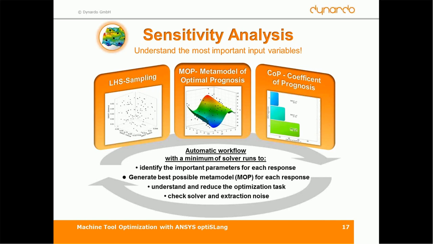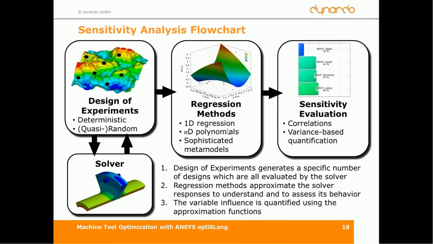So what is the overall workflow of that? We do some kind of a design of experiment, some sampling, I will explain. Then we generate some kind of a Metamodel, which is an optimized specific type, I will explain, in order then to judge which parameters are responsible for which response. So in the first step, a design of experiments, mainly filling up the design space, the space spanned by the design variables, is executed with our simulation model.